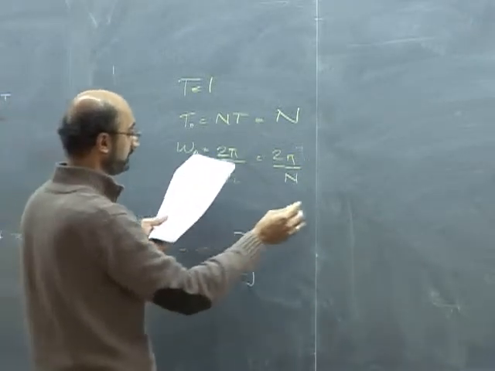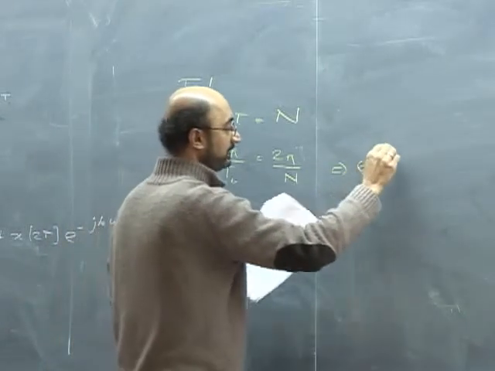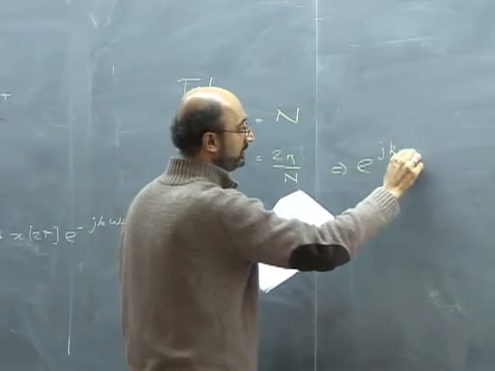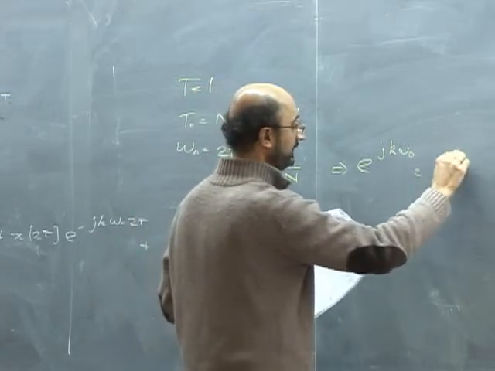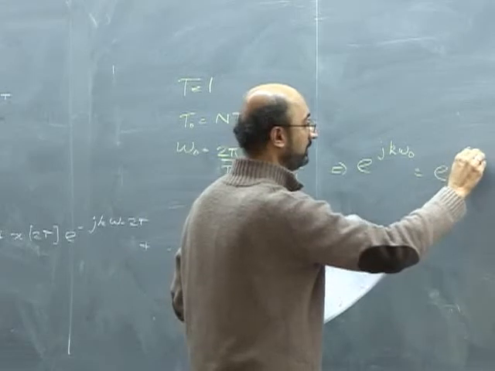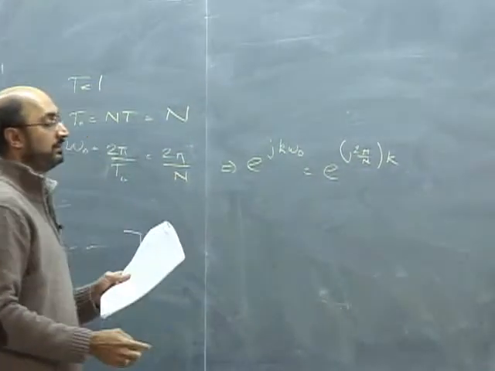Which implies that e to the power j k omega naught is going to be e to the power j 2 pi by N times k, right?